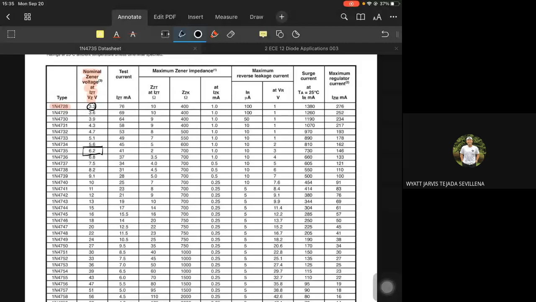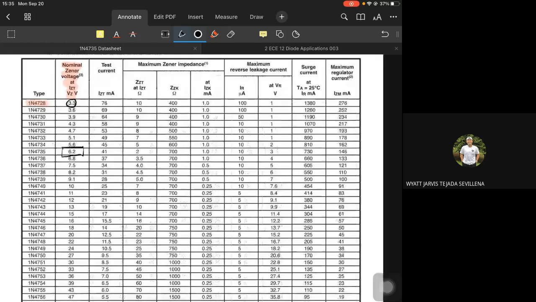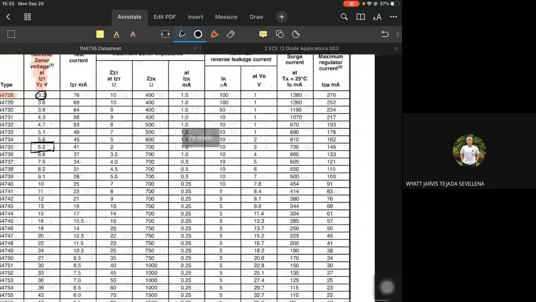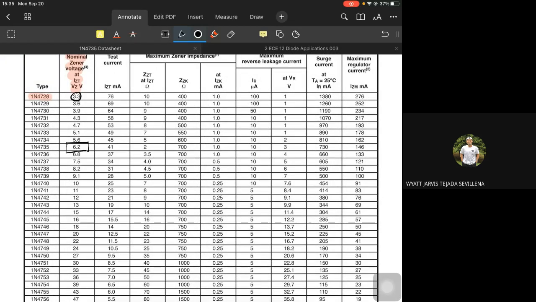The other parameters here were measured when the device was tested. But another important value for us to take note of is this one.